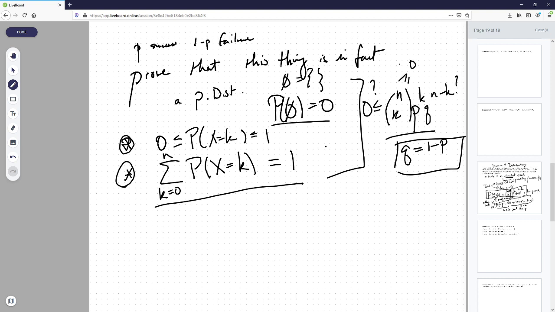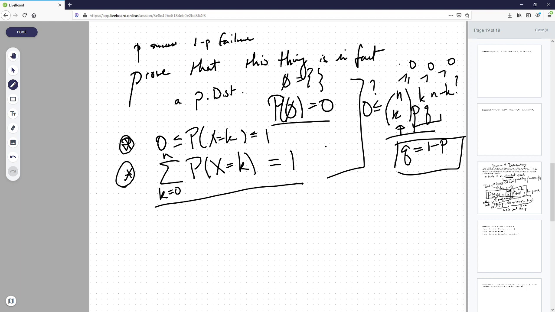The probability p has to be bigger than 0, and therefore 1 minus p has to be bigger than 0. Technically, p has to be between 0 and 1, and 1 minus p has to be between 0 and 1. So these two terms are going to be between 0 and 1, but then you're multiplying by this term. So technically, this doesn't guarantee we couldn't get above 1 if we weren't careful, but we never do.